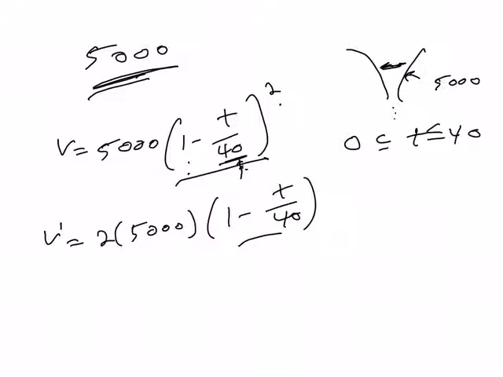Even if we did it with the quotient rule, we would get the same result, because it's going to be negative 40 times the derivative of t, which is 1, minus t times 0, over 40 squared, and these are going to vanish. So I did not even do the quotient rule correctly, but whatever.